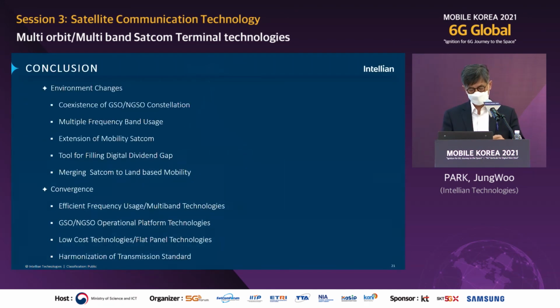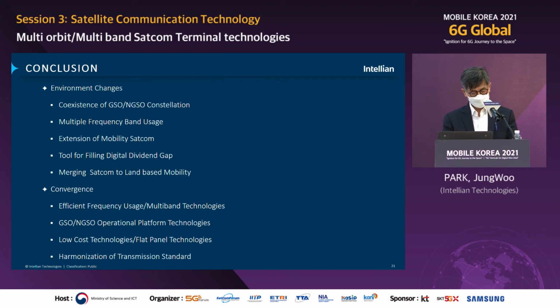So it is the conclusion. With the changing satellite communication service environment, as reviewed in the slides so far, pure Satcom technology has converged as listed in the slide. First, it should be multi-beam terminal technologies supporting GSO and NGSO, and also reflector type or flat panel antenna type.